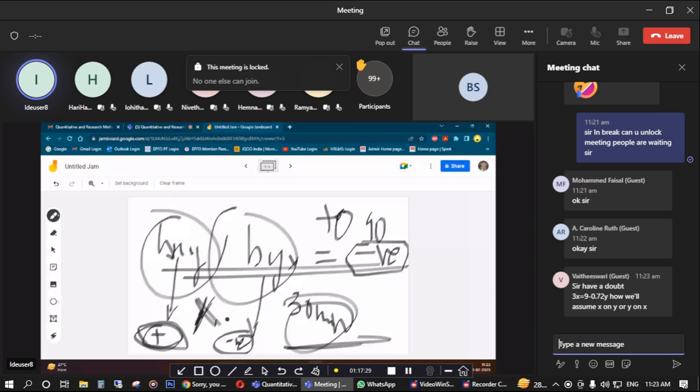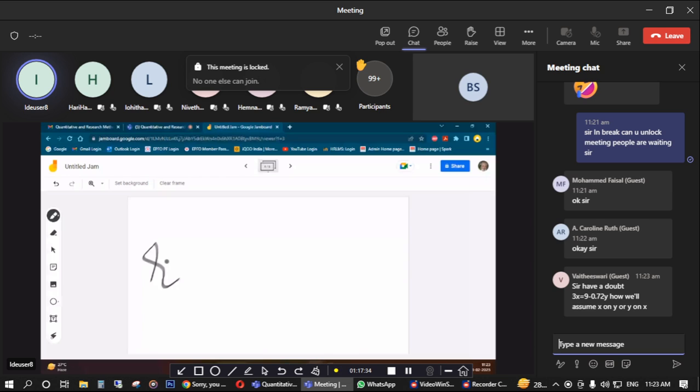Okay, now what you need to do is find out the R value. What is the formula for R? This is a formula, please make a note. R will be equal to plus or minus bxy into byx.